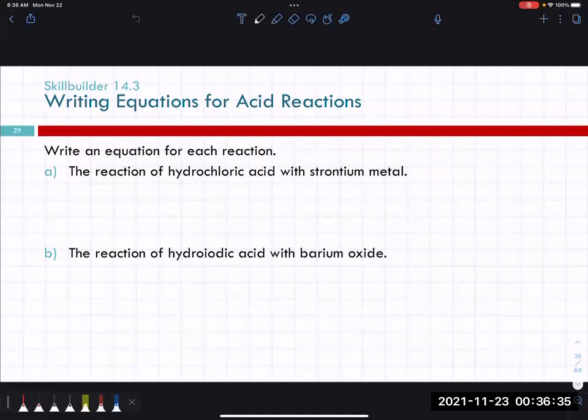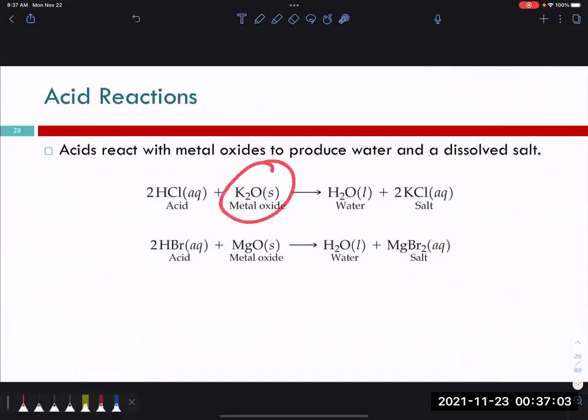All right, so if we want to react hydrochloric acid, HCl, plus strontium metal, what are our two products going to be? Or at least one of them. Cool. One of our products is going to be hydrogen gas. Part of the reason you know that is that in these metal oxide reactions, there's always an oxygen which comes from the metal oxide that combines with the hydrogens to create the water.